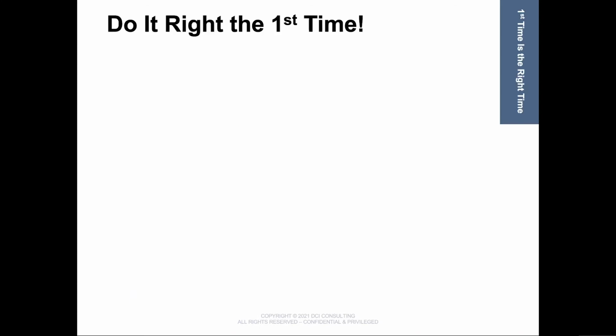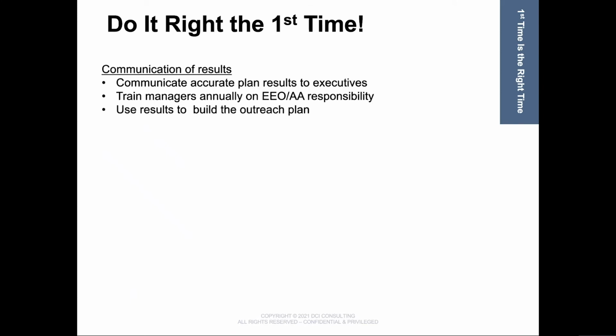Our motto for today is do it right the first time. And this is really critical here. One of the things that you need to do when you get your results, and this is covered in Module B, is communicate all of your results to managers and to your executives.